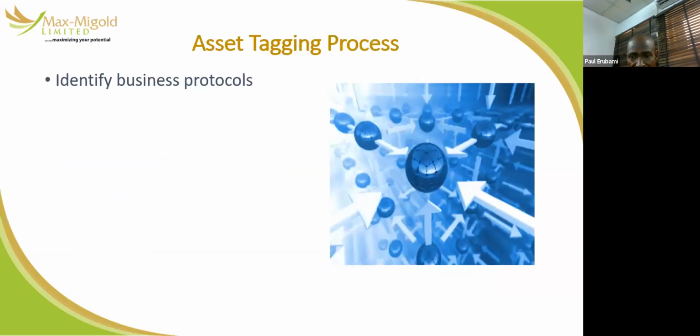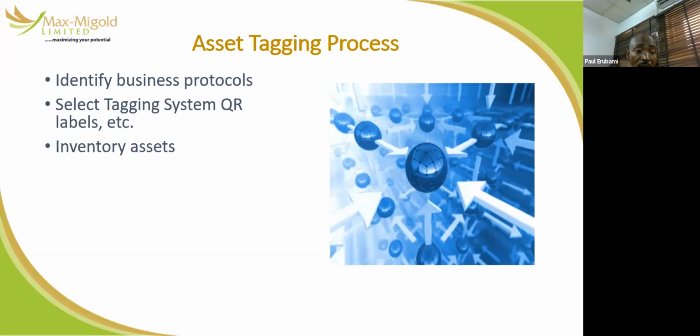So you can use your own personal unique name for your asset. You identify the business protocol, select a tagging system, QR labeling. You can use normal QR labeling. Then carry out an inventory of the assets, select the asset name, assign each asset a unique string of what?